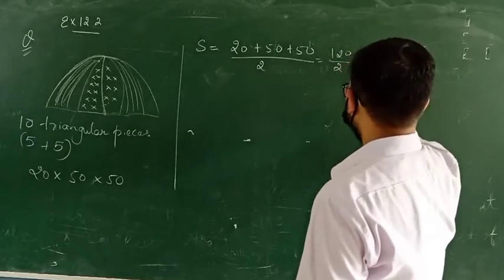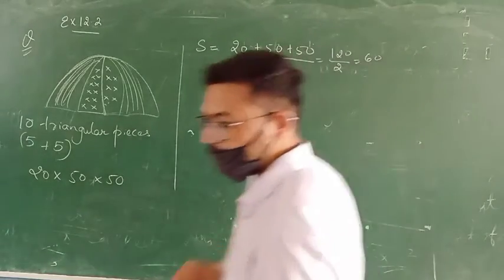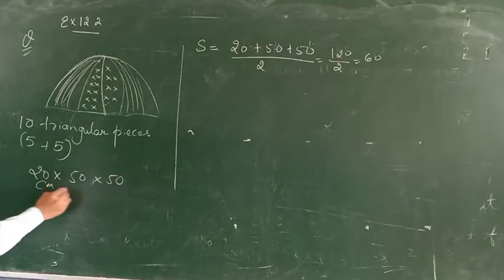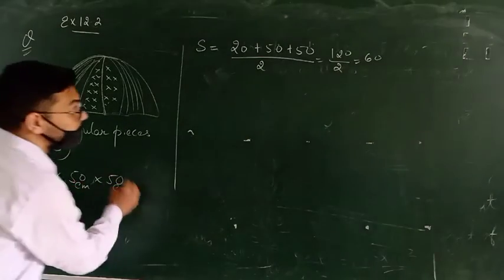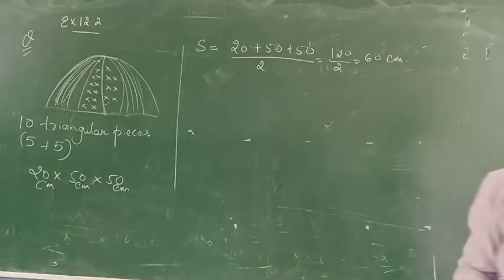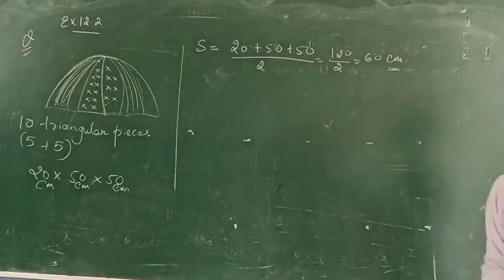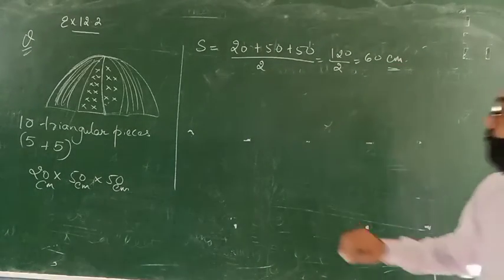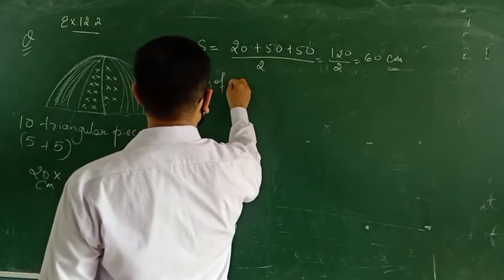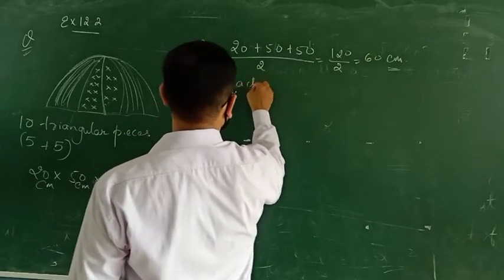So this is 60 centimeter. I think all the values are given in centimeters. Centimeter, centimeter and centimeter. So this comes out to be 60 centimeters. Don't forget to mention this unit while you are solving any question. Now the area of one triangle.